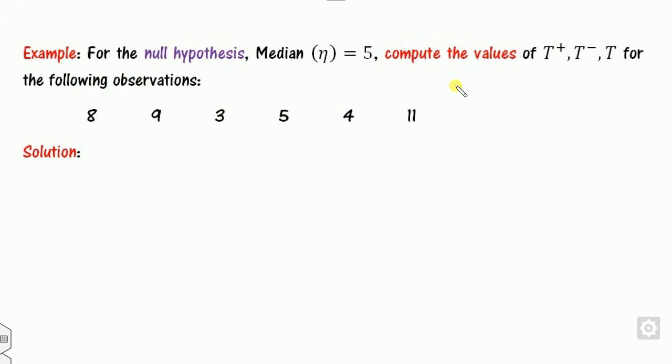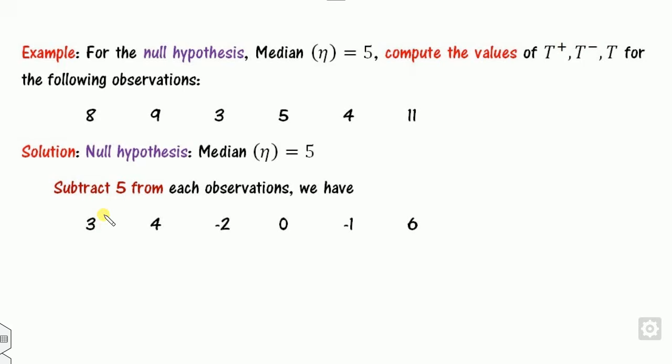Look at this example: you have to compute T positive, T negative, and T for this particular problem. First, what is the null hypothesis? It is given to be 5. Subtract 5 from each of the numbers, and you get 5, 8, minus 3, 5, 3, 4, and so on.